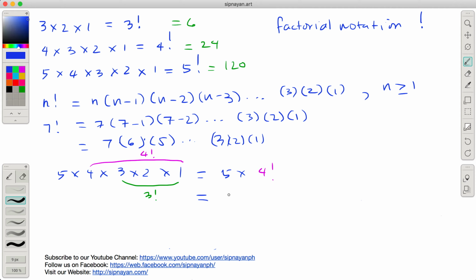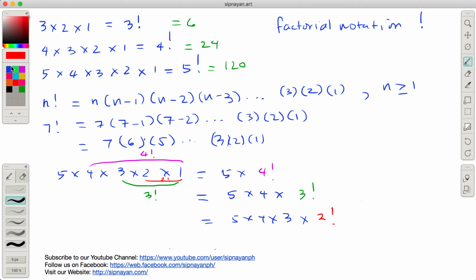So, pwede rin natin siyang isulat as 5 times 4 times 3 factorial. Okay, I think you get the idea. And lastly, yung 2 times 1 is also 2 factorial. Meaning 5 times 4 times 3 times 2 factorial.